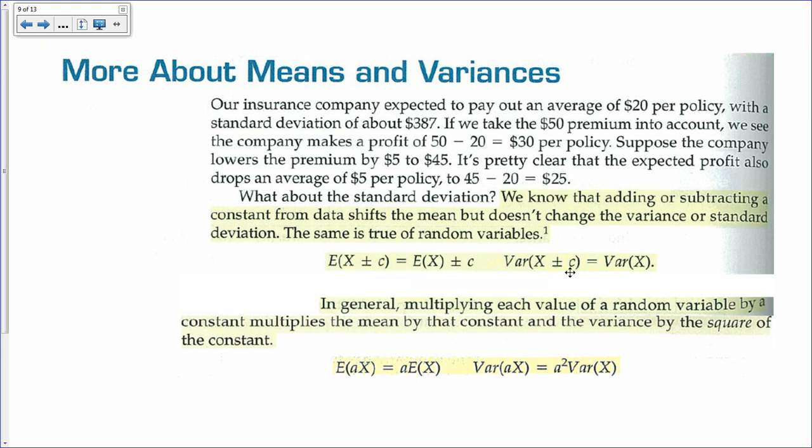Similarly, if you add a constant, you would not change the variation or the standard deviation. And again, just like before, if you multiply all the payouts by a certain number, the expected value is multiplied by that number as well, the standard deviation would be multiplied by that number as well, and the variance by that number squared.